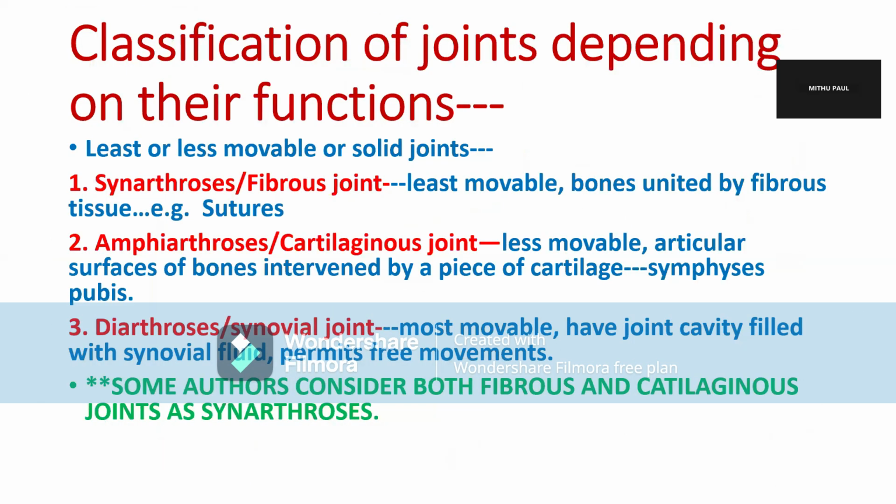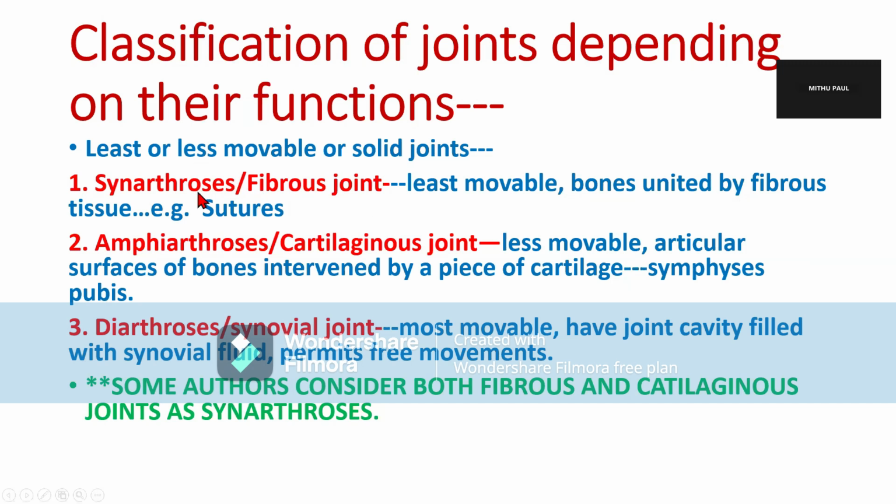Now, classification of the joints depending on their functions. Depending on their functions, they are divided as synarthrosis, amphiarthrosis, diarthrosis. Though some authors do consider synarthrosis and amphiarthrosis under the single heading of synarthrosis. Synarthrosis and amphiarthrosis both are joints, but they are different from one another at the architectural point, so also their functional point.